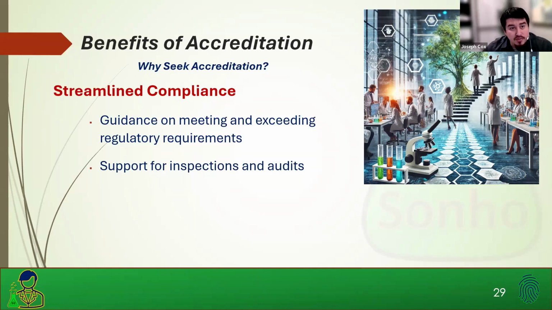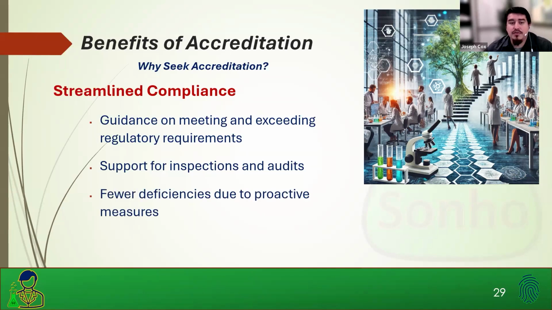They also have guidance for internal audits. So they have a lot of support for inspection and compliance. This leads to fewer deficiencies due to proactive measures. The more proactive you are with your compliance, the less likely you are to run into deficiencies.